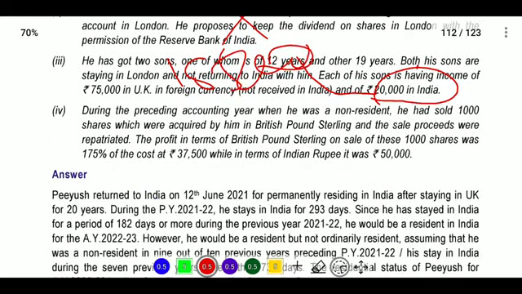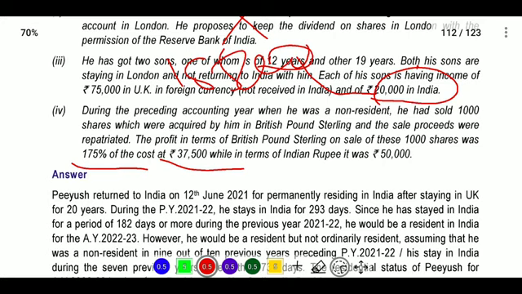Next, during the preceding accounting year, when he was non-resident, he had sold 1,000 shares which were acquired by him in British pound sterling, and the sale proceeds were repatriated. The profit on sale of these 1,000 shares was 37,500 in pound sterling, while in Indian rupees it was 50,000.